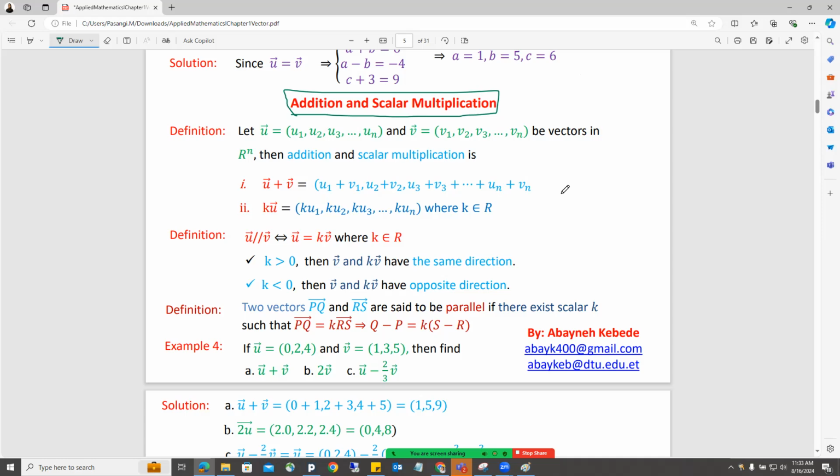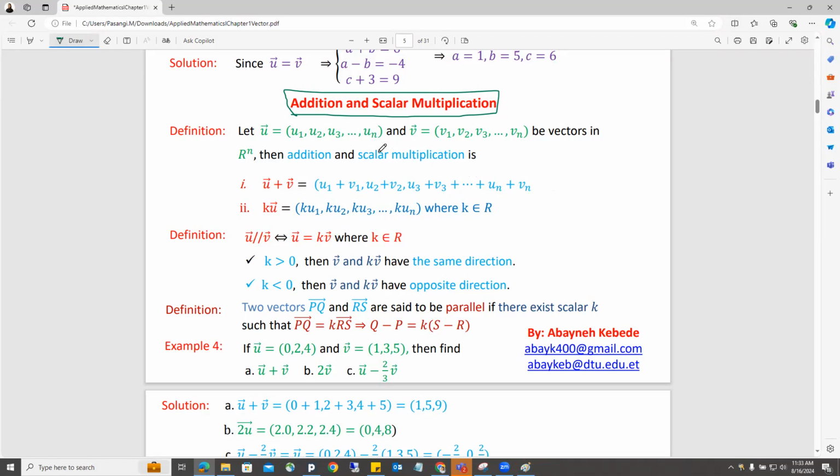If it is 2D, now both are in 2D. If it is 3D, now both are in 3D. If it is 4D, now both are in 4D, likewise. Then how does this addition and the scalar multiplication work? You have done the addition and the scalar multiplication earlier. What do you think? How are we going to add these two?